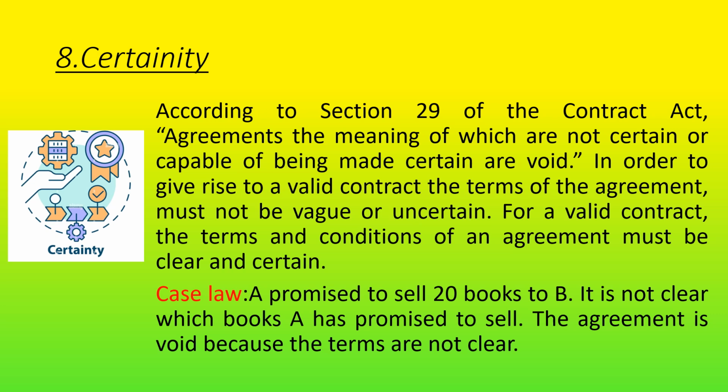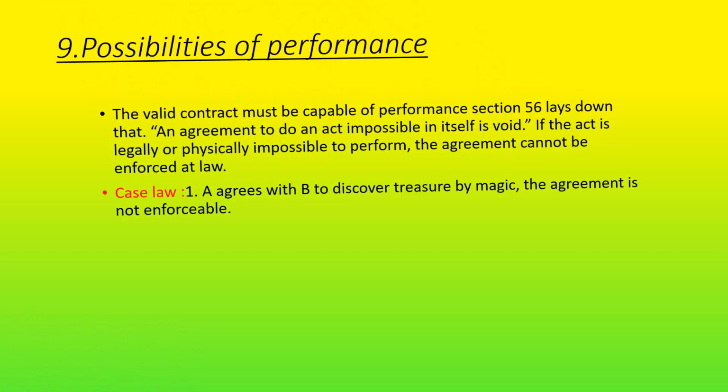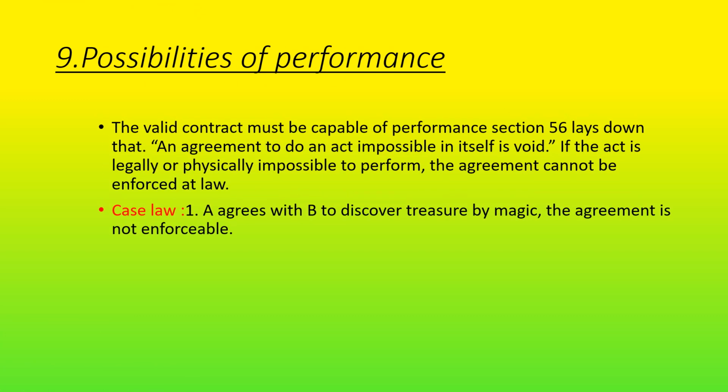In this case law, A promises to sell 20 books to B. It is not clear which book was sold by A. The agreement is void because the terms are not clear. Possibility of performance. A valid contract must be capable of performance.